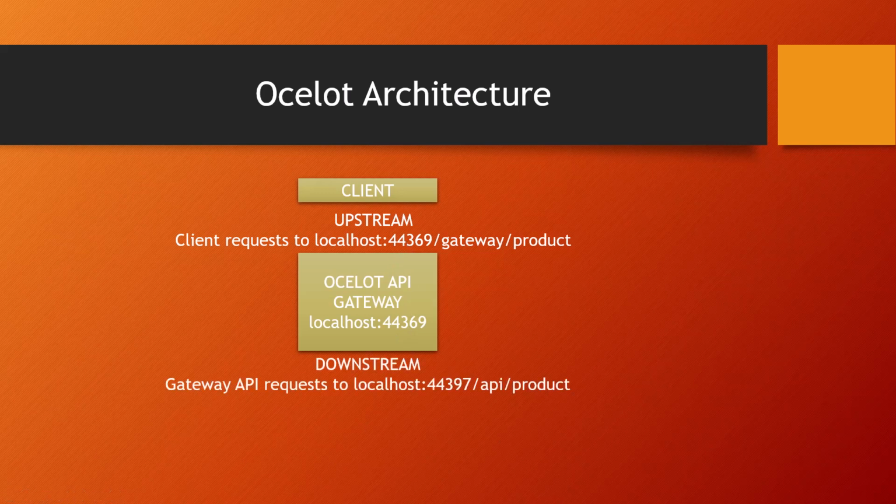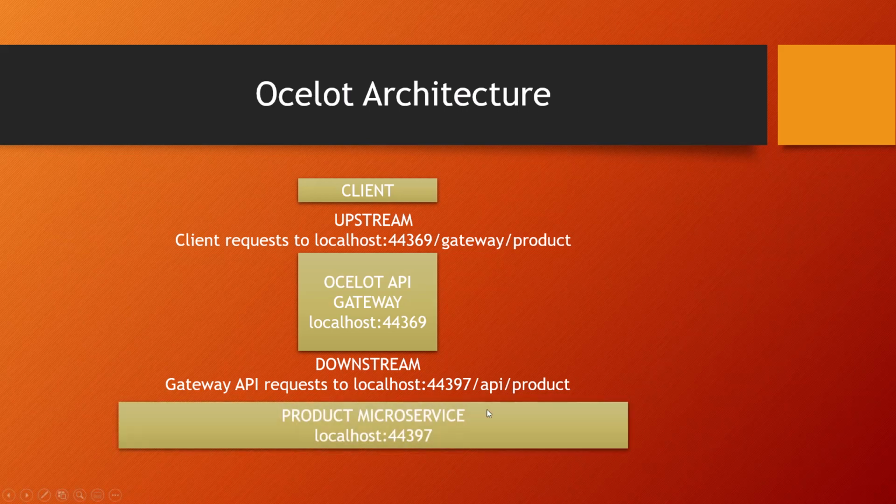And then comes the downstream concept where the request is routed from the Ocelot API gateway. After receiving it upstream from the client, it is diverted downstream to the product microservice at localhost colon 44397 slash api slash product, where 44397 is the port number of the product microservice.